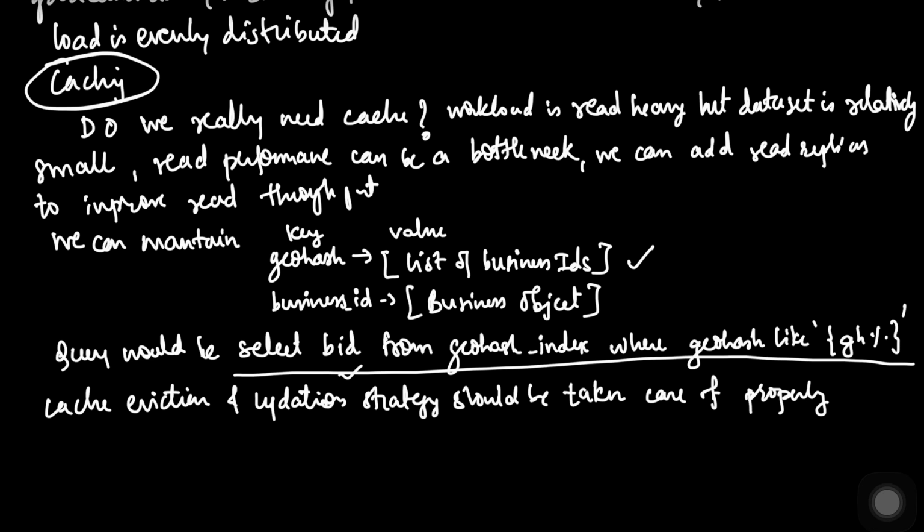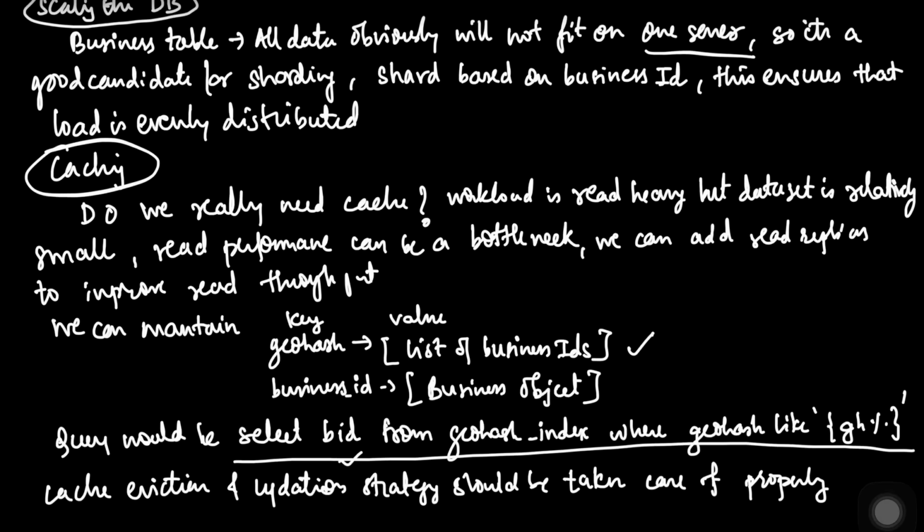There's one more key-value pair, where we have business ID as key and the whole business object as the value. This will increase our overall read performance and the time to get the response from the query if it's cached, which will be good. But we also have to take care of the cache eviction and updating strategy, which is an important factor and should be taken care of when we are designing such systems.